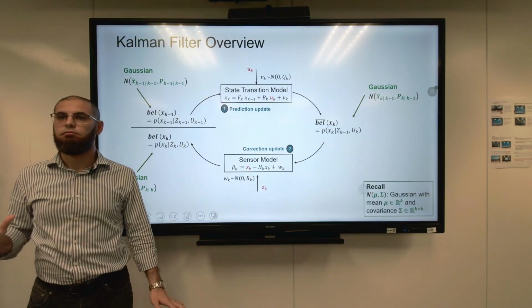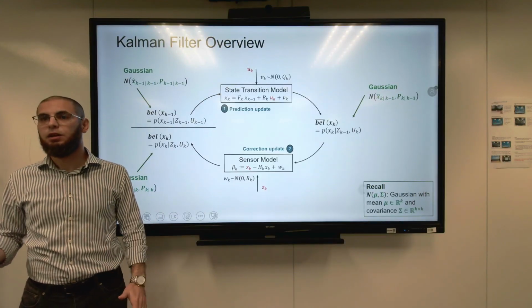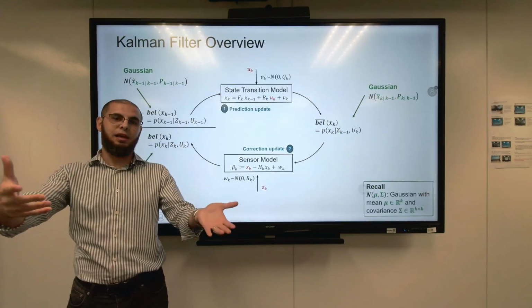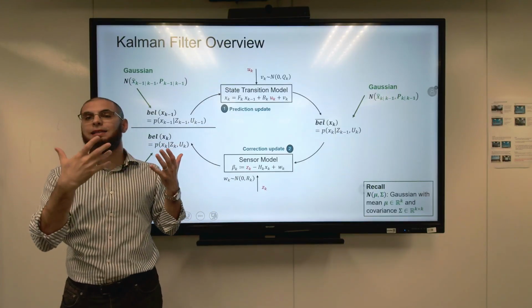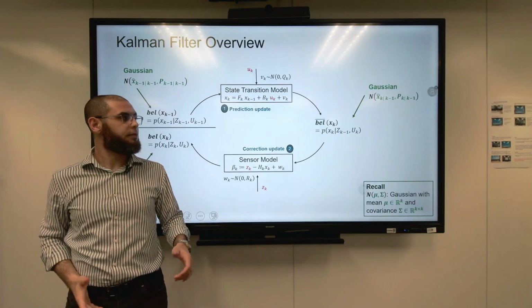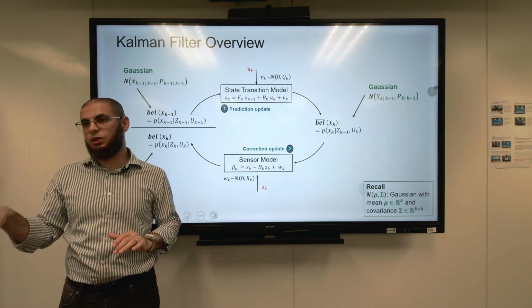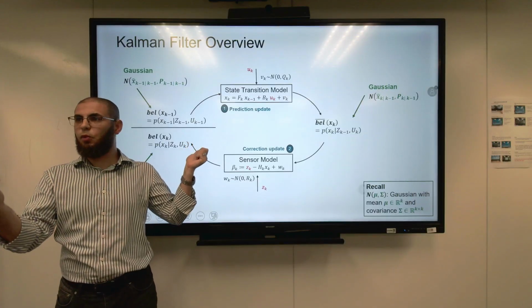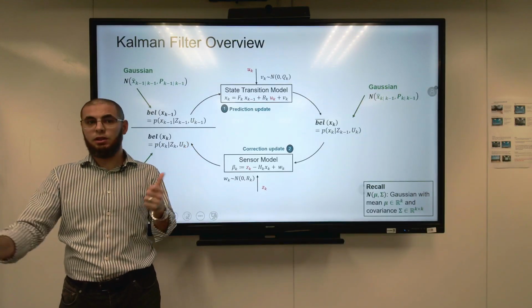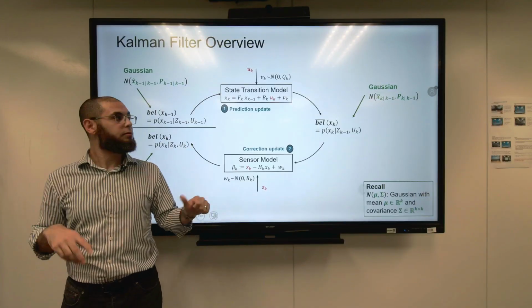That's it. The mean and the covariance you get at every time step are the algorithm's best idea about where the robot is, or the state of the robot in general. When I say where the robot is, it's not necessarily that you're always estimating the position. In the previous example, in the 1D case I wanted to estimate the position, while in the 2D case I was actually trying to estimate the position and the velocity.